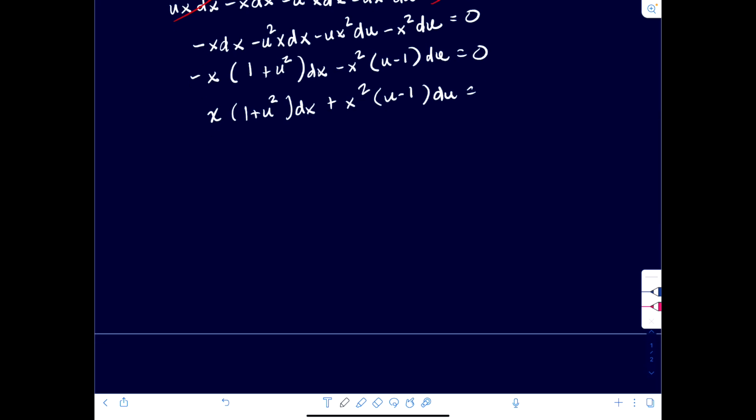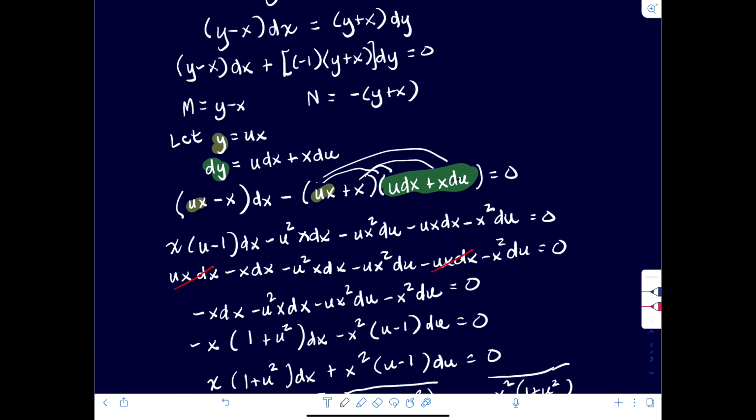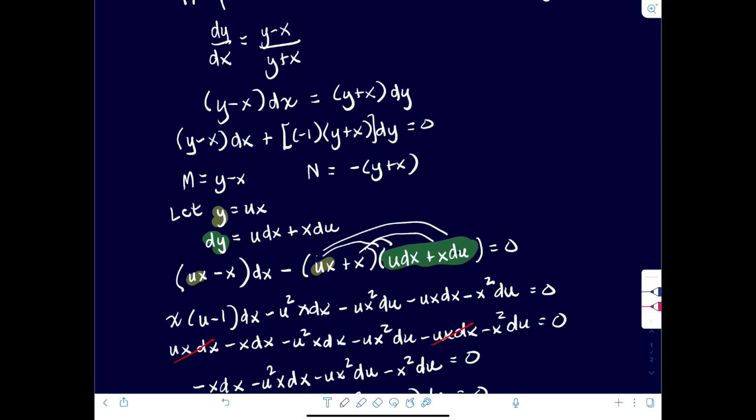So these are now separable. So if you divide through by x squared times (1 plus u squared), and assuming x and u are non-zero, and they are, because y is equal to u times x, and y plus x can't both be 0 because this differential equation would be undefined.